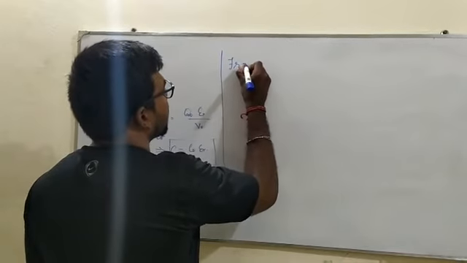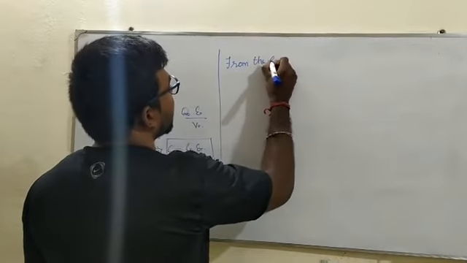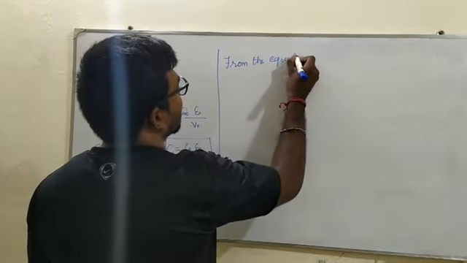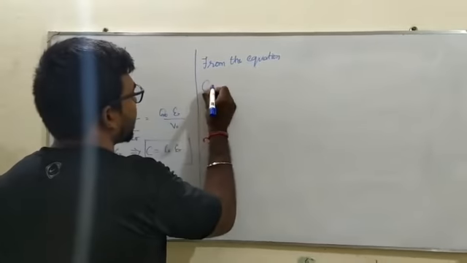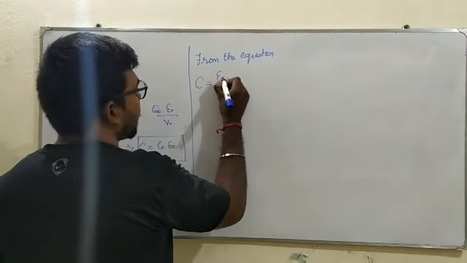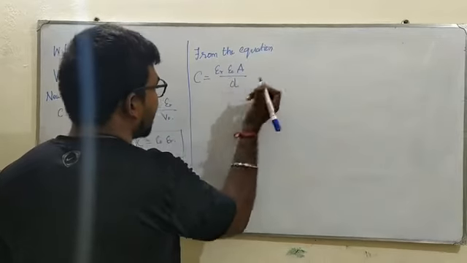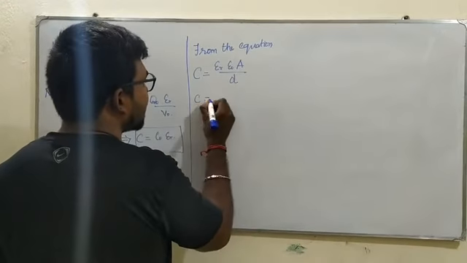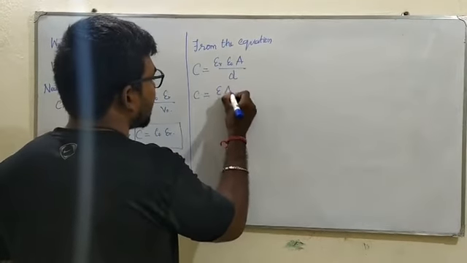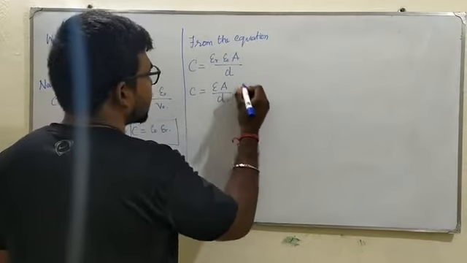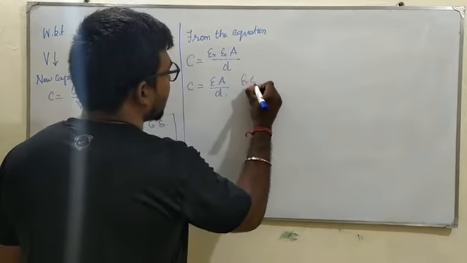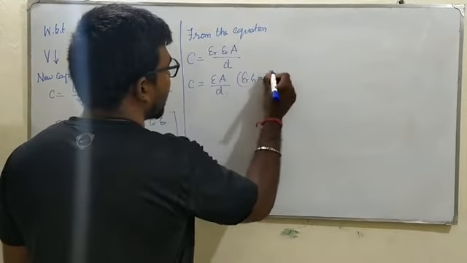So from the equation, we know the capacitance is equal to epsilon naught A by D. This can be written as C equal to epsilon A by D, where epsilon naught is replaced by epsilon.